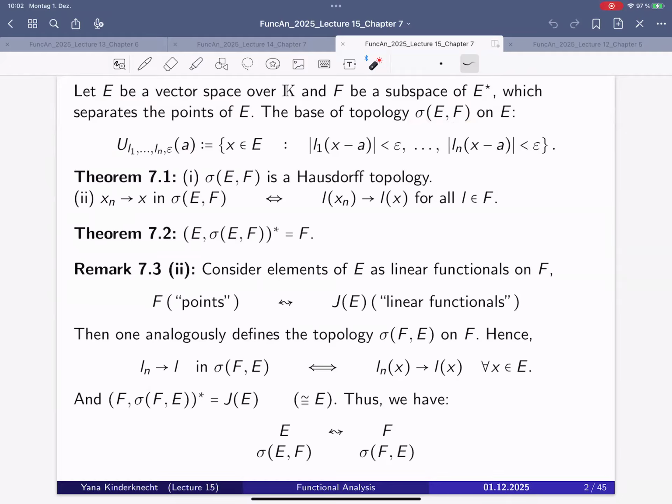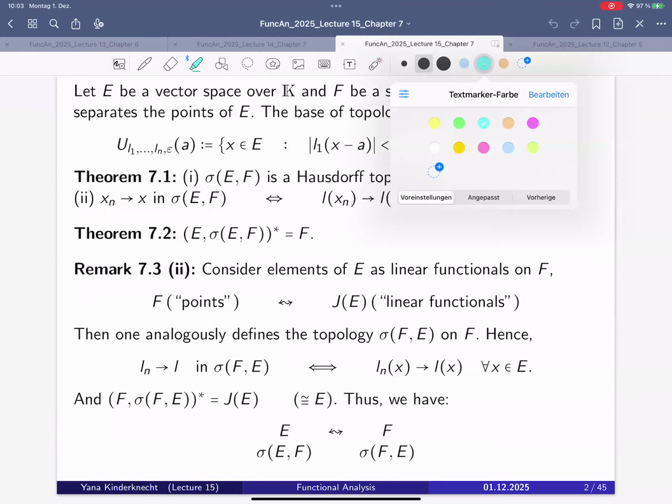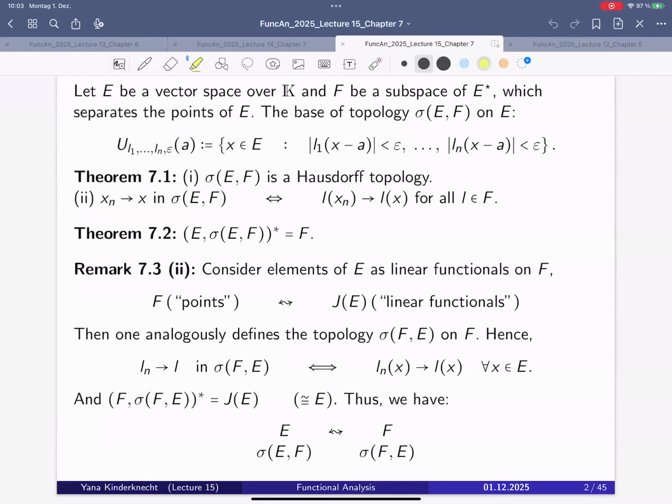And we have shown that this topology is Hausdorff, and moreover, the convergence in this topology looks as follows. A sequence xn converges to x in this topology in E, if and only if it converges coordinate-wise, where as coordinates we consider all linear functionals from F. Let me specify this line.